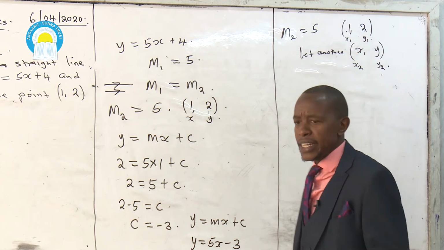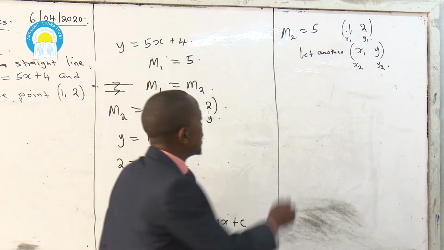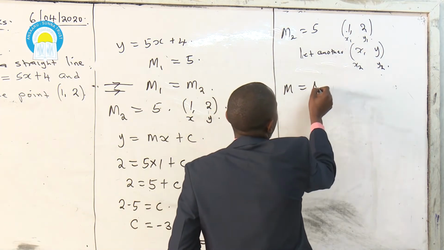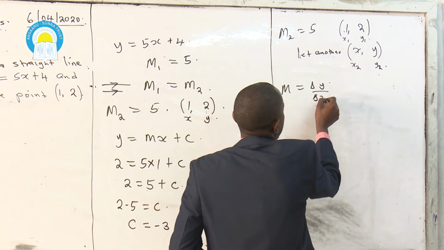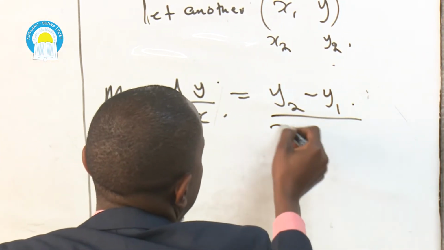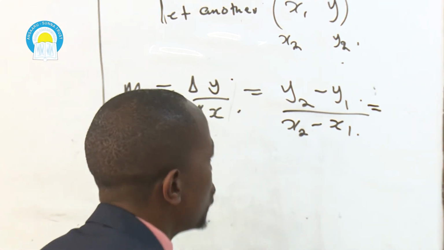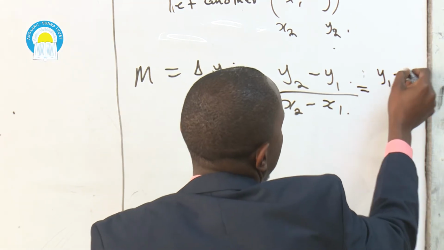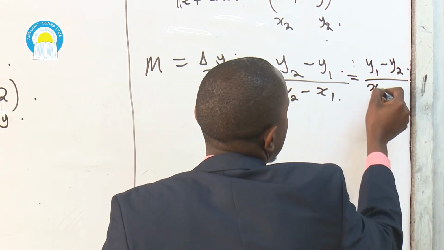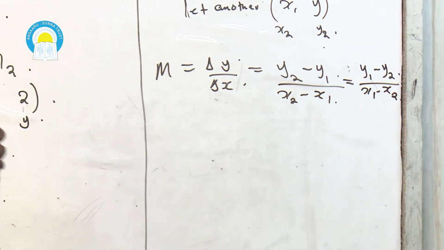Remember how we find the gradient. We say gradient is change in the y-axis over change in the x-axis, which is y2 minus y1 over x2 minus x1. You can also use y1 minus y2 over x1 minus x2. All of those will give you the same answer.